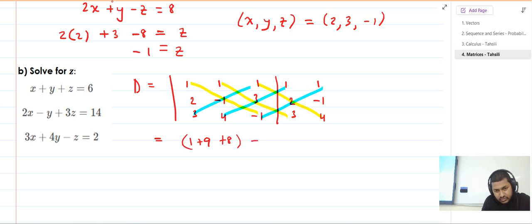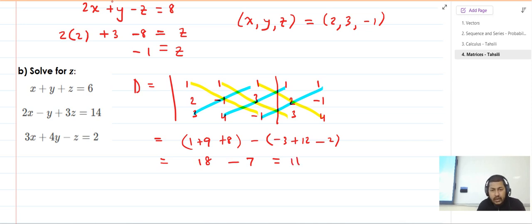Subtract negative 3, plus 12, minus 2, 9, that's 10, 18, minus 12 minus 5, is that right? 12 minus 5 is 7, 7 on the inside, so negative 7, and 18 minus 7 is 11.